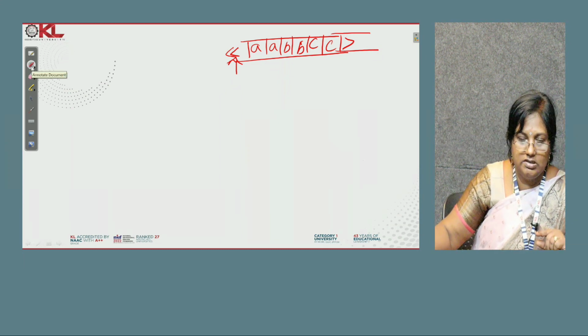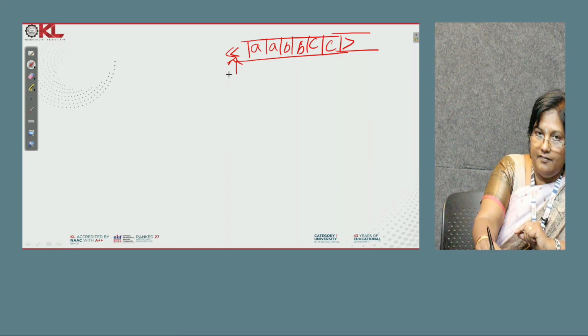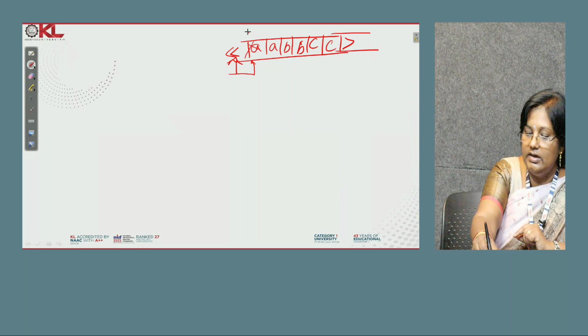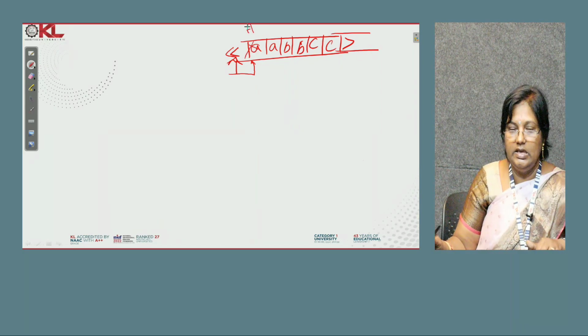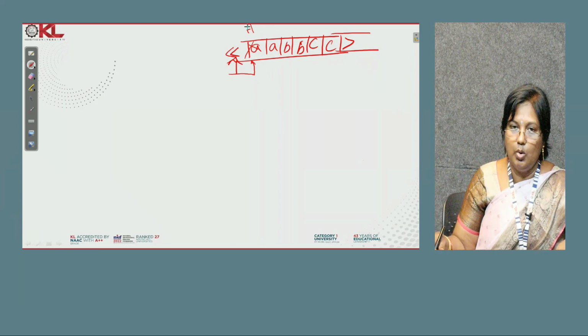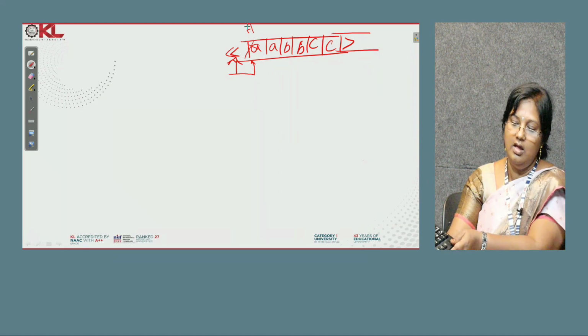First of all, we have to understand the logic. Whenever my finite control moves here and I find A, you have to mark it as capital A, and then move towards the right side of the tape.